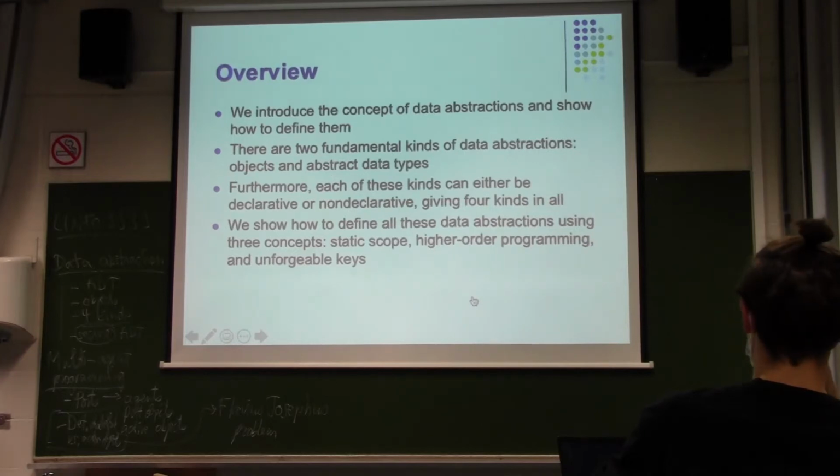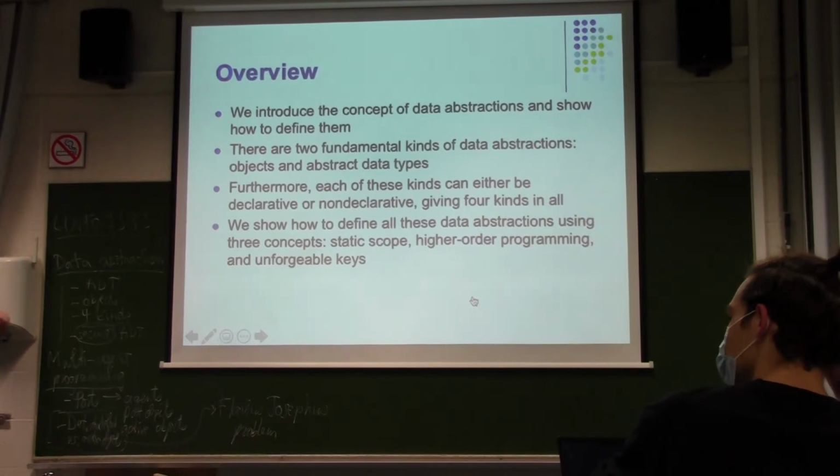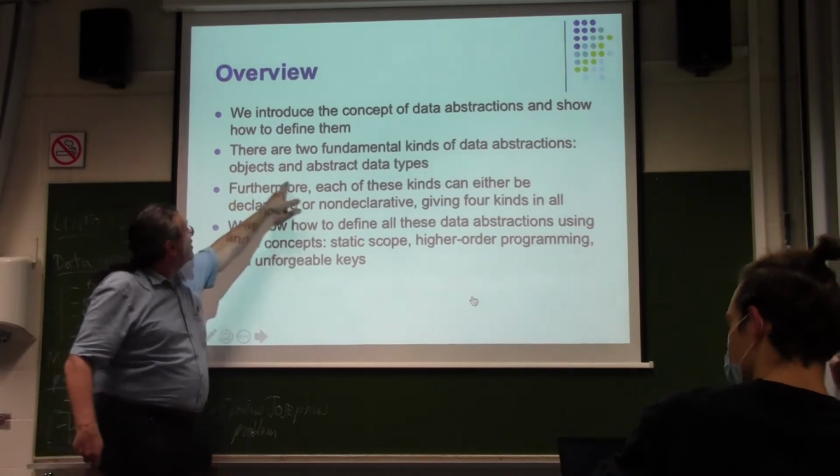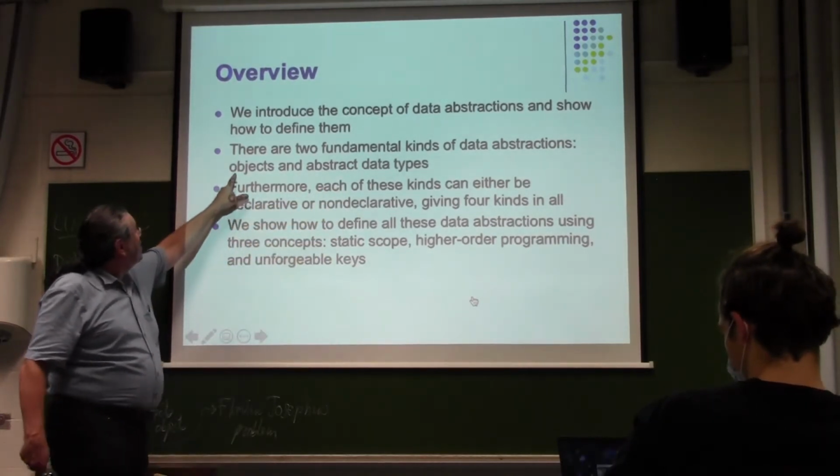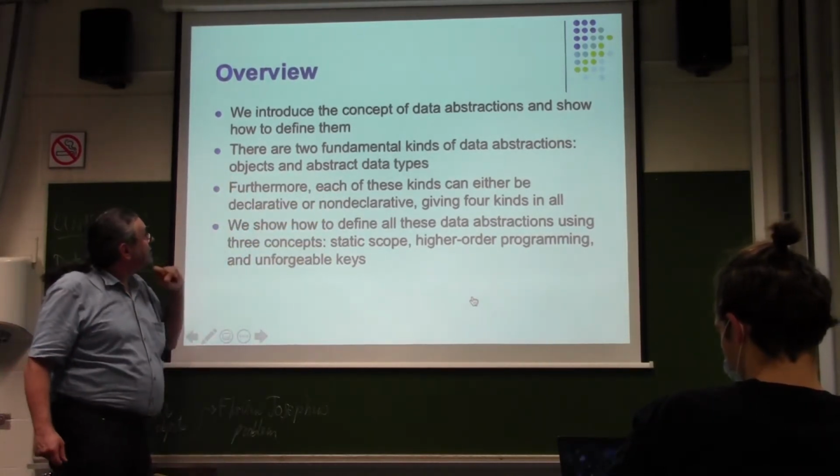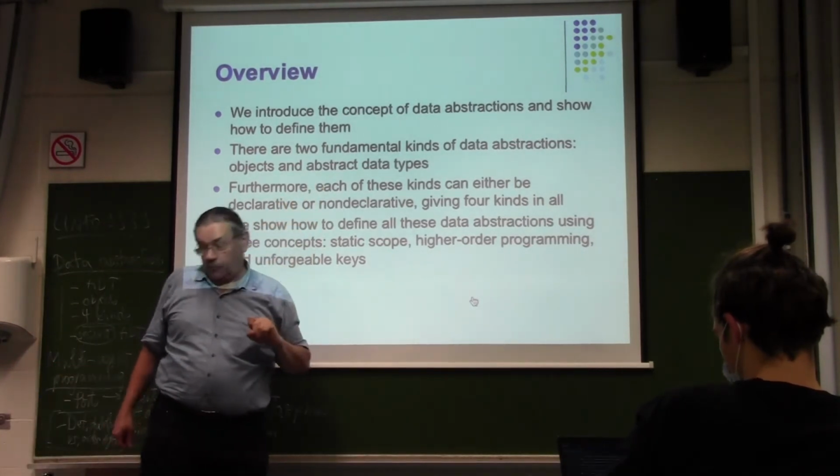So, data abstractions. This is very important, and I'm going to go farther than I did in 1104 in the previous course. I want to go more to the foundation. There are 2 kinds of data abstractions, fundamentally different: objects and abstract data types.